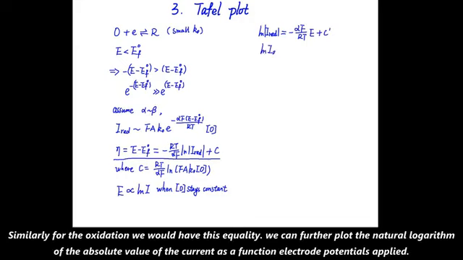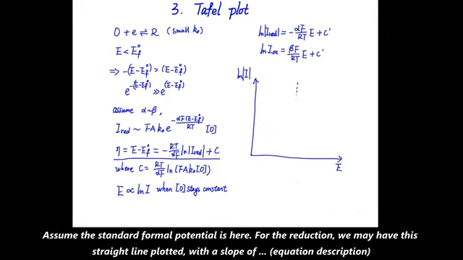Similarly, for the oxidation, we would have this equality, and we can further plot the natural logarithm of the absolute value of the current as a function of the electrode potential applied. Assume the standard formal potential is here. For the reduction, we may have this straight line plotted with a slope of minus alpha F divided by RT.